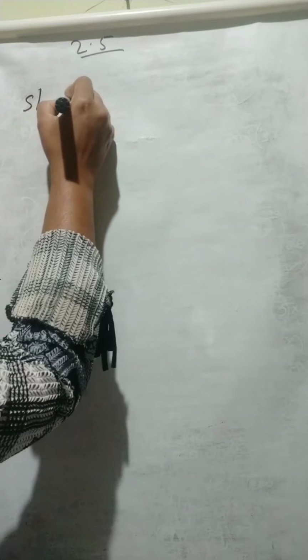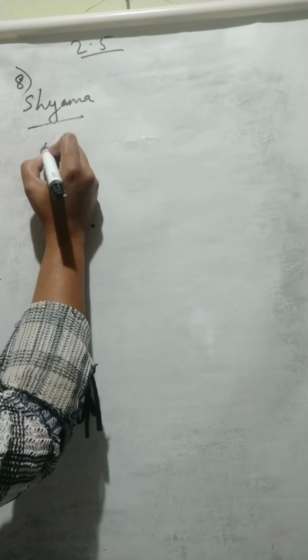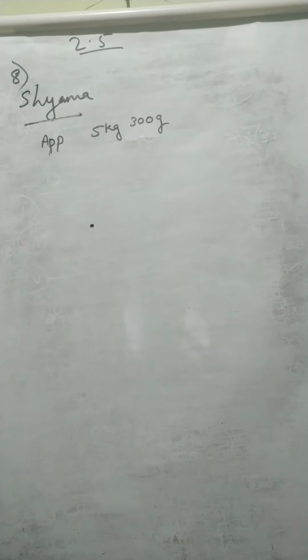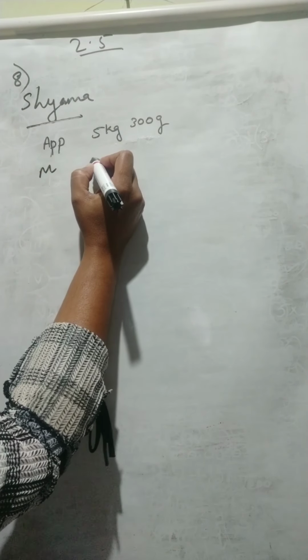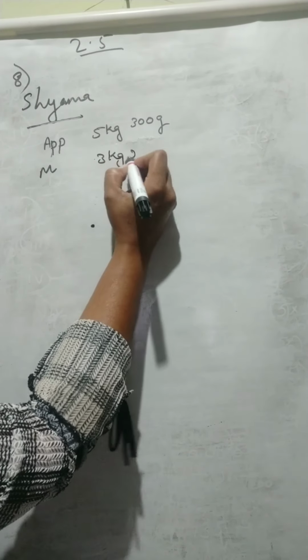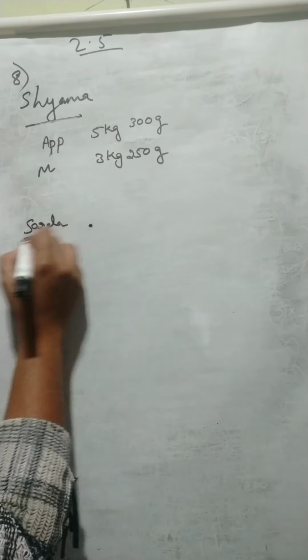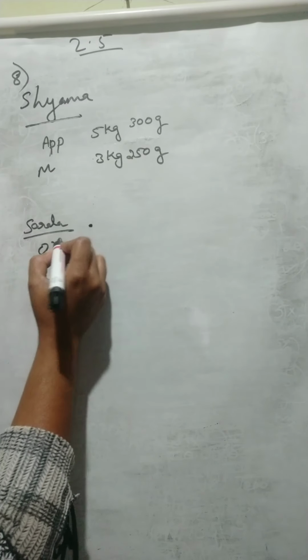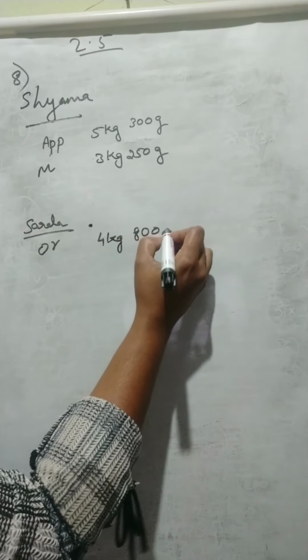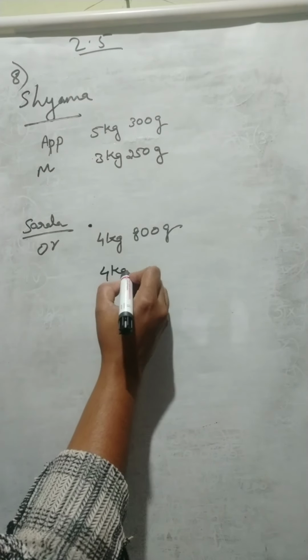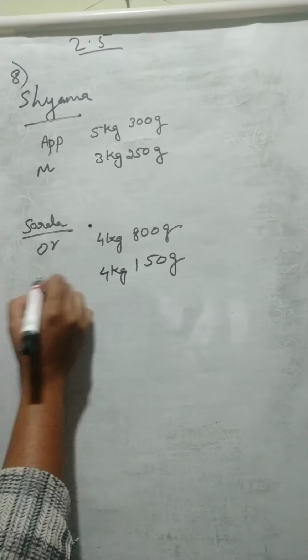Then 3 kilogram 250 gram mangoes. Then Sarala bought oranges, 4 kilogram 800 gram. Then bananas, 4 kilogram 150 gram.